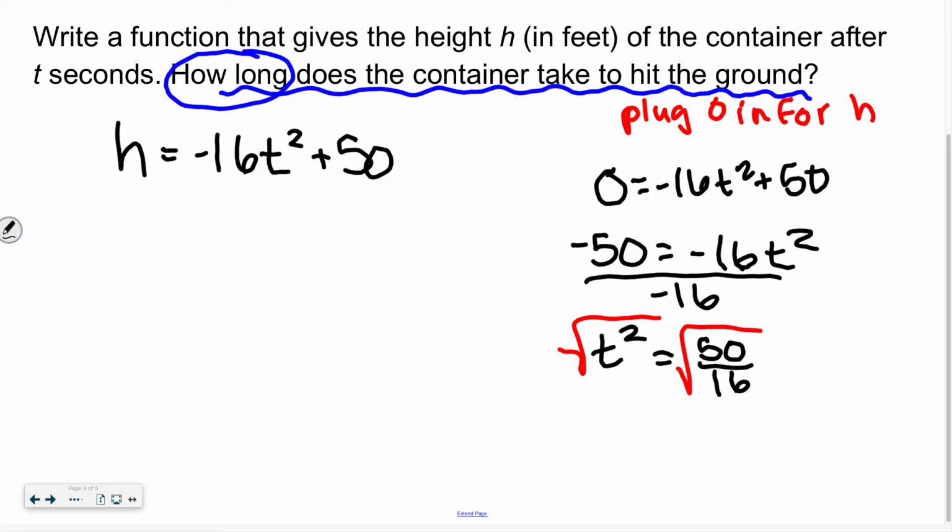Somebody with a calculator help us out. Second x squared. Okay, so let's round to the nearest hundredth. How about that? 1.77.